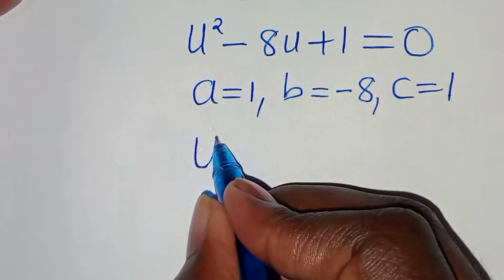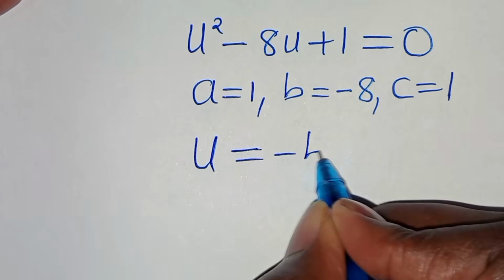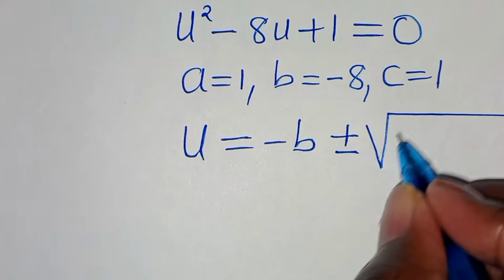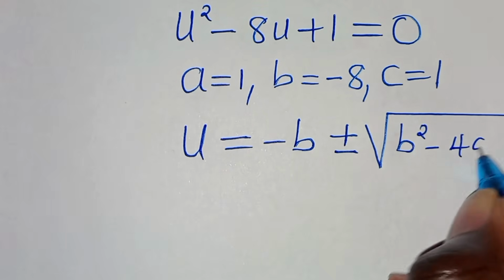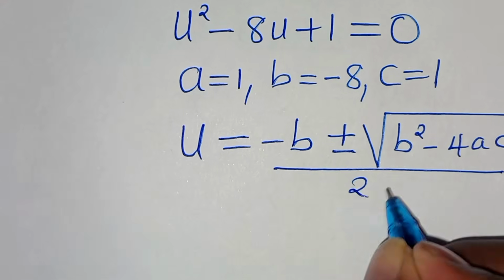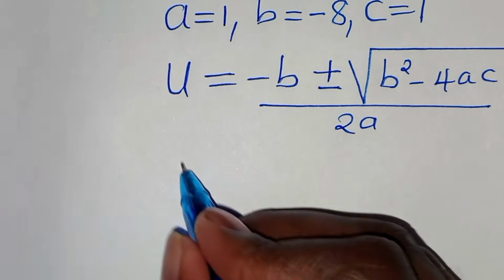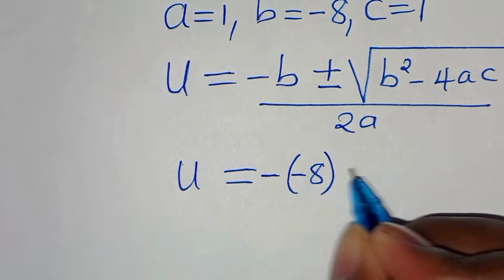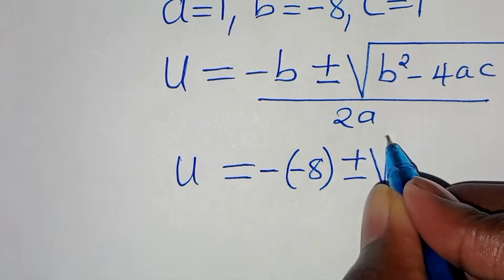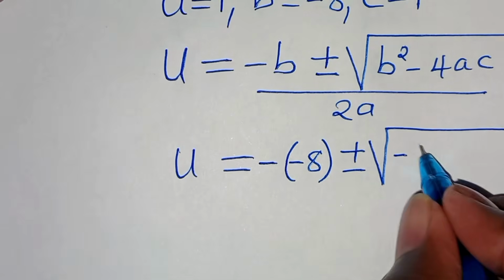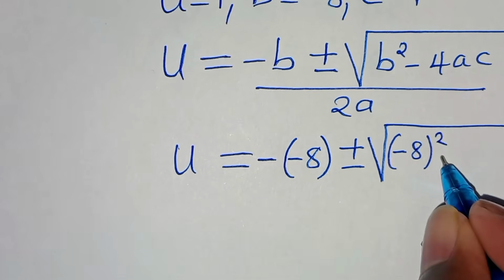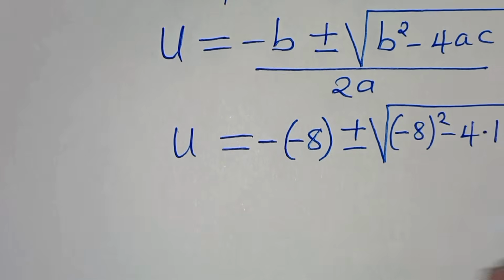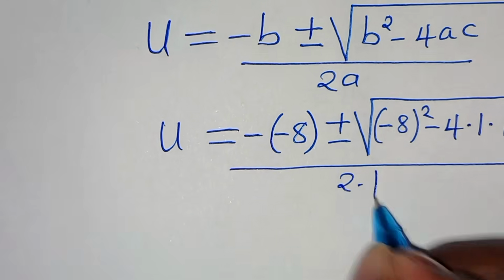We can solve for u by applying the quadratic formula, which is minus b plus or minus the square root of b squared minus 4ac, everything divided by 2 times a. So u is equal to minus 8 plus or minus the square root of minus 8 raised to the power of 2 subtract 4 times a, which is 1, times c, which is 1, everything divided by 2 times 1.